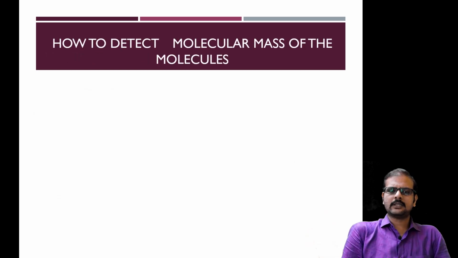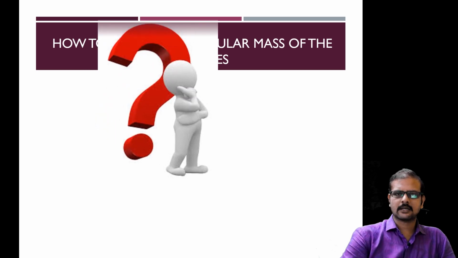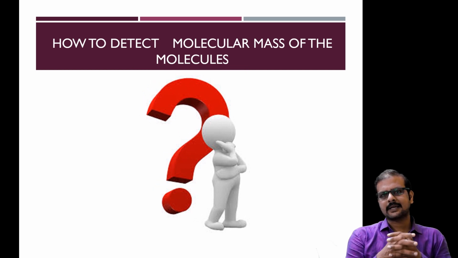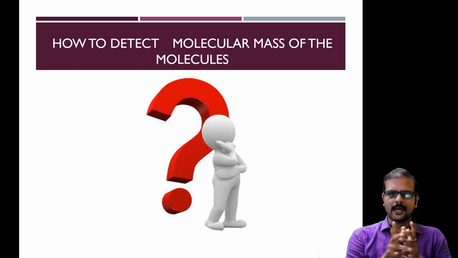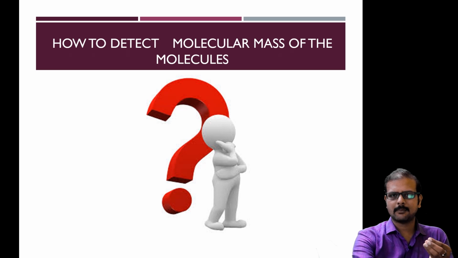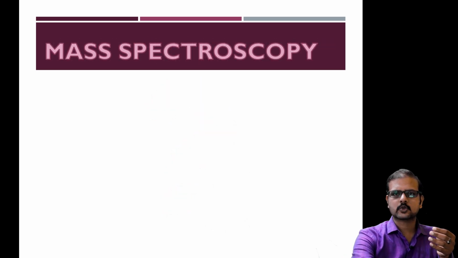But how to detect the molecular mass of a molecule in a practical way? Is there any procedure for calculating the mass in a practical way? Yes, indeed, we have a particular instrument for calculating the mass in a practical way. That is mass spectroscopy.